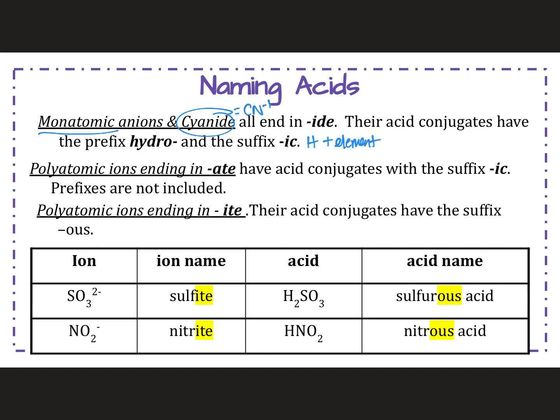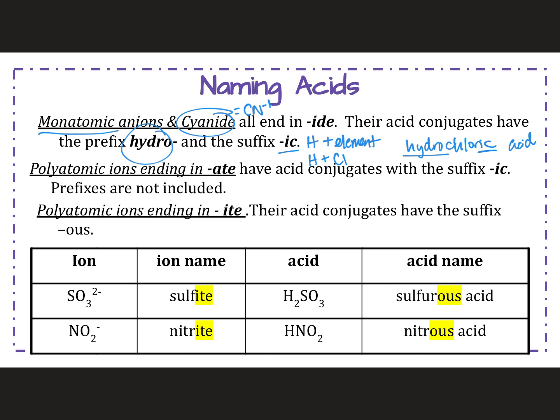For monatomic anions that contain an acid, you're going to add the prefix hydro and change the ending to ic. So, for example, if we had hydrogen plus chlorine, that would become hydrochloric acid.